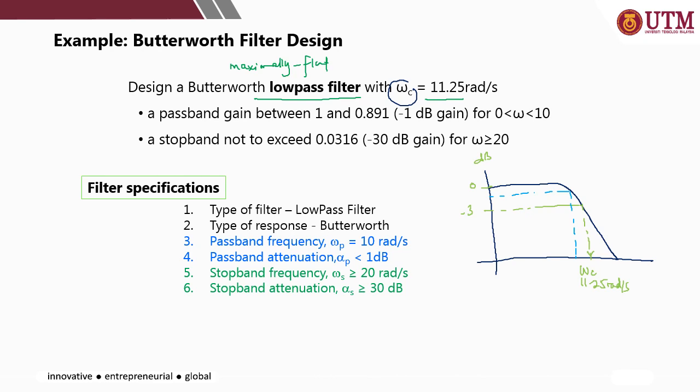So this is your alpha P. Pass band gain is minus 1, and also your omega P from 0 to 10 radian per second. Okay, and then you have your stop band gain of minus 30 for omega of 20. So here is your omega S equal to 20, and the gain is minus 30. Okay, so from the graph you can actually get all the information.